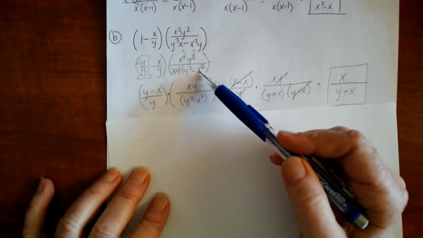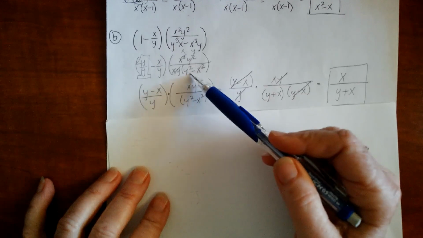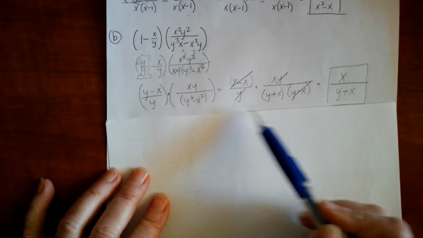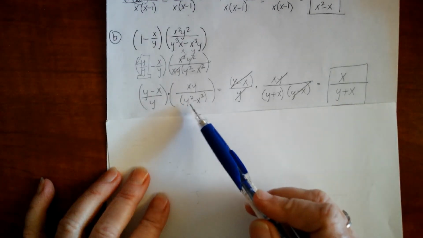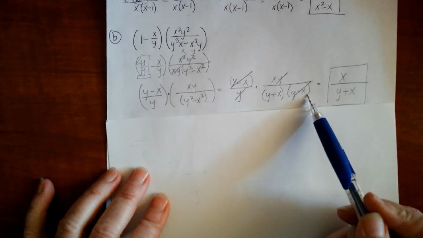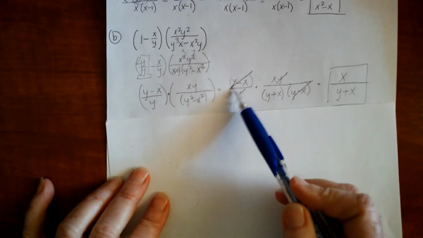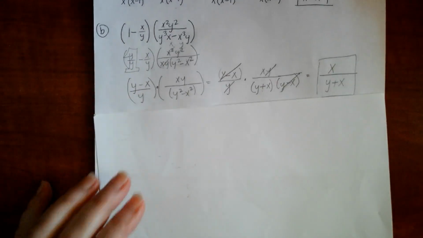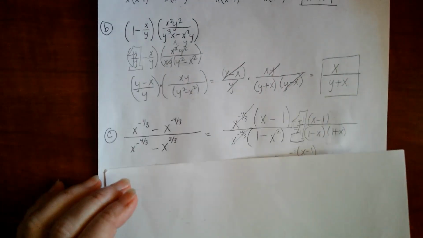And this right here is a difference of squares. So I rewrote this y squared minus x squared as y plus x times y minus x. And I got some cancellations, and I ended up with x over y plus x.